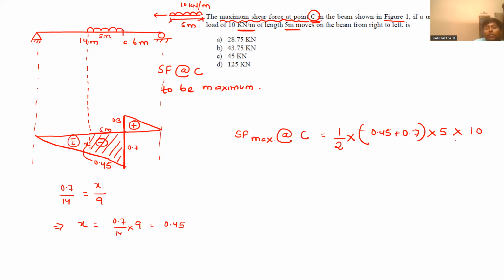So into 10. So what are we getting? Can anyone tell what value we are getting? 28.75 kilonewton. So option A.